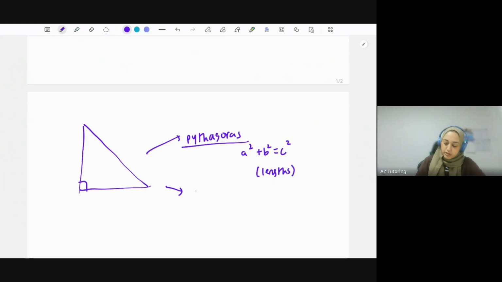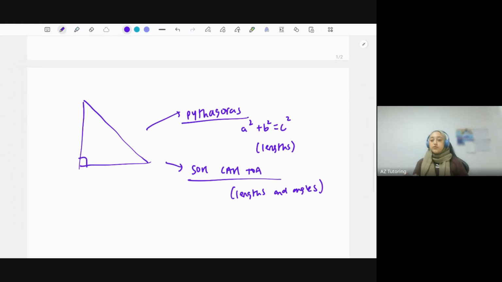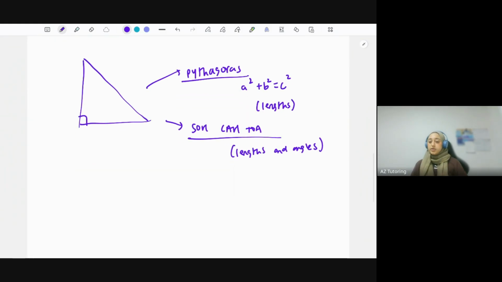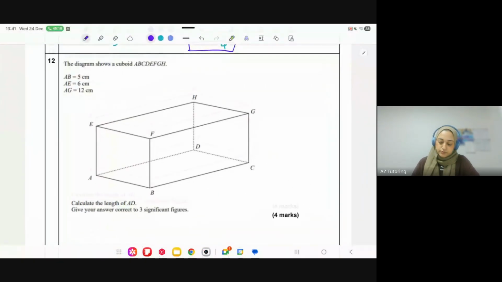Or you've got SOHCAHTOA, and SOHCAHTOA is to find both the lengths and angles. So what I would say first is when you've got a right angle triangle, try and use Pythagoras. If you can't use Pythagoras because you're not given two lengths, then move over to SOHCAHTOA. So they're the two rules that you're going to use with right angle triangles. We're going to speak about non-right angle triangles as well. But let's jump onto this question.